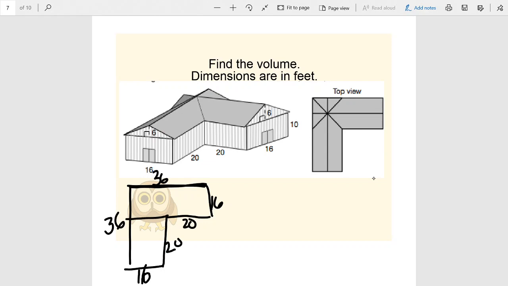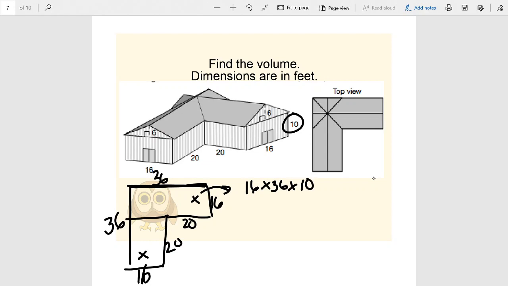Okay, I'm just going to say I'm going to find the volume of this first rectangular prism and add it to this rectangular prism. So for the first rectangular prism right here, I would say that the volume of that is 16 by 36, so length times width, and the height is still this 10.